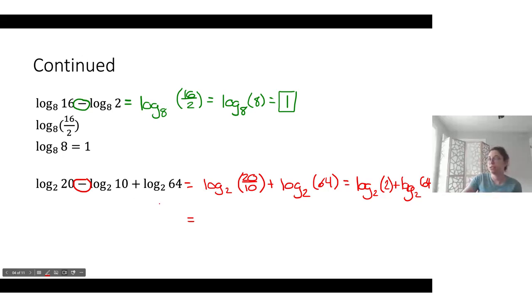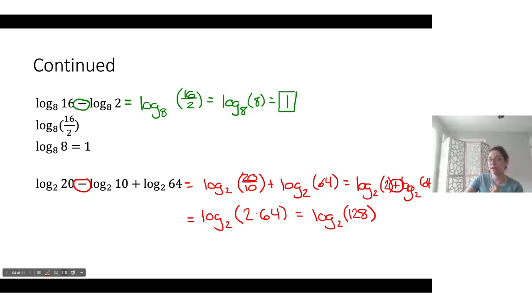So we're going to do log base 2 of 2 plus log base 2 of 64 comes together using our product rule. This is 2 times 64. 2 times 64 is 128. 128 is 2 to the 7th power.